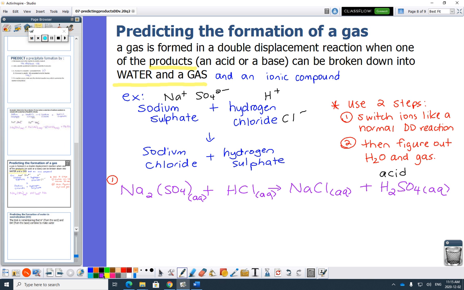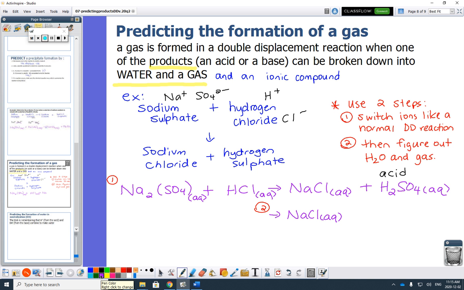Can you make water from sodium chloride? Does it have hydrogen or oxygen? No. Okay? So it's going to stay the same. So this is like step two. And then we're going to do some atom math.